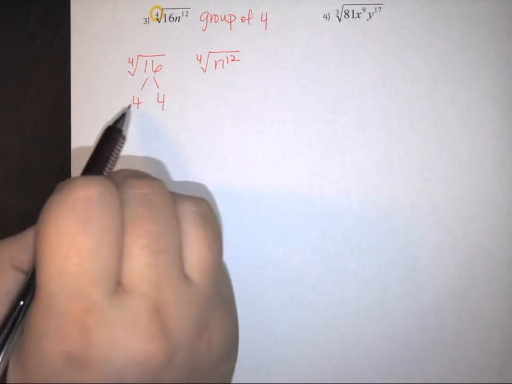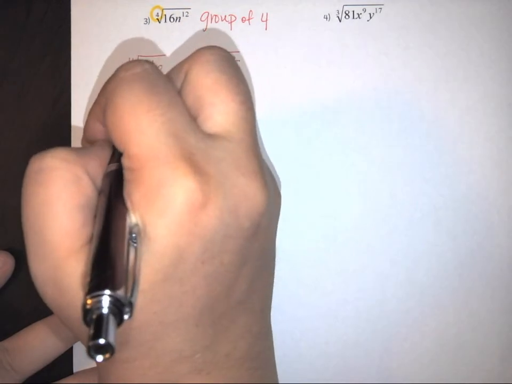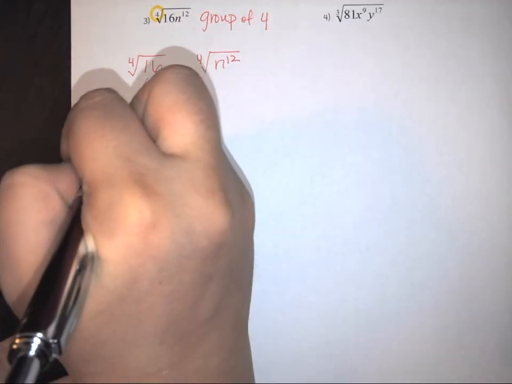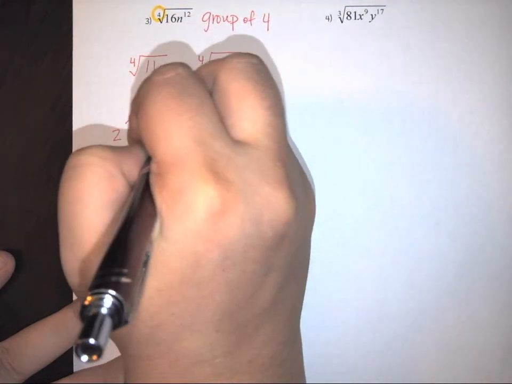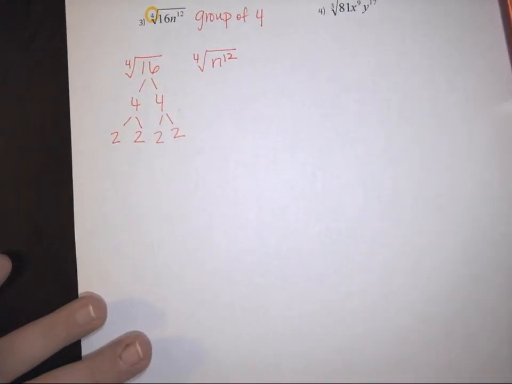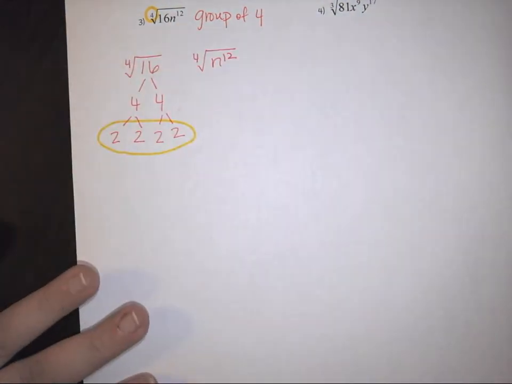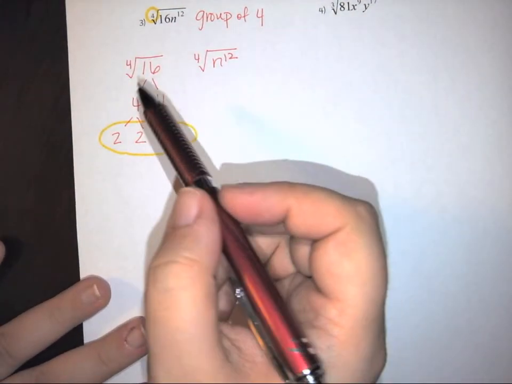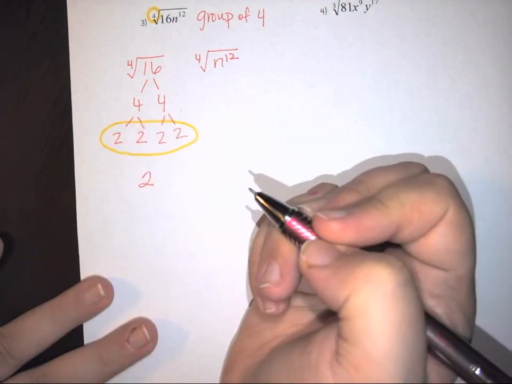Since each of these only counts once, I have to keep breaking them down. So 4 becomes a 2 times 2, and 4 becomes a 2 times 2, thus giving me a group of 4. So what that means is that this first fraction is going to become a 2.